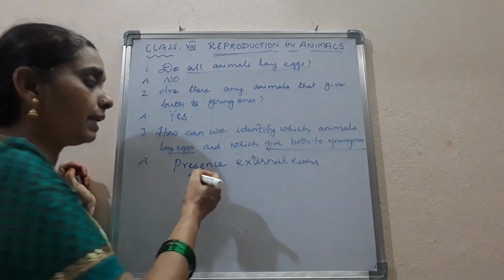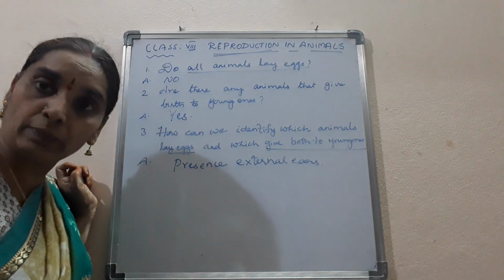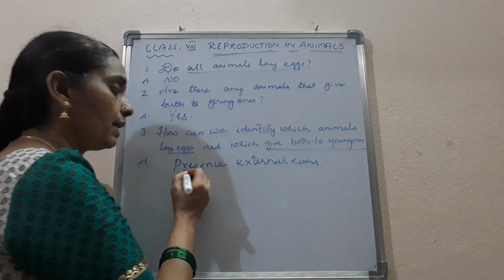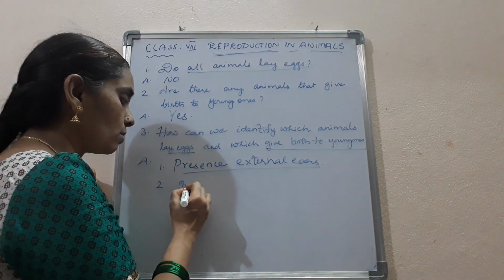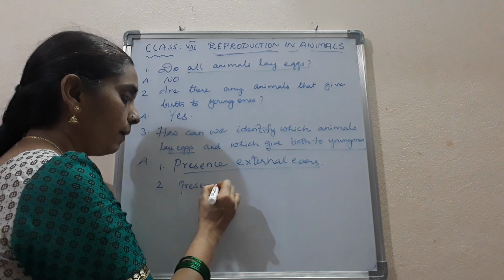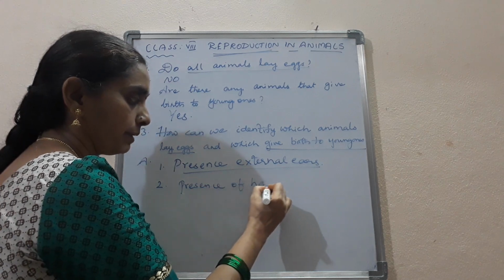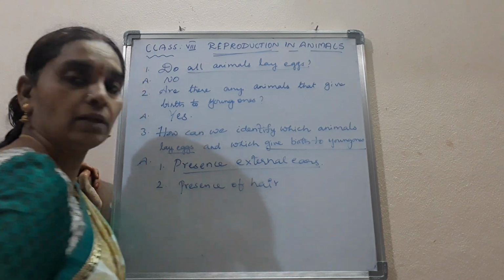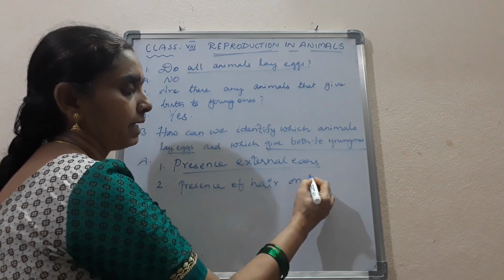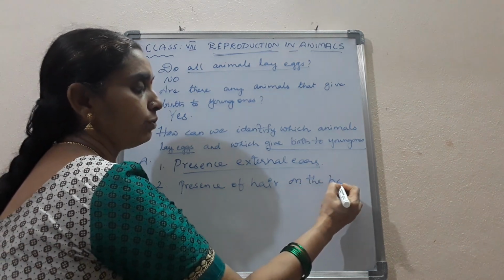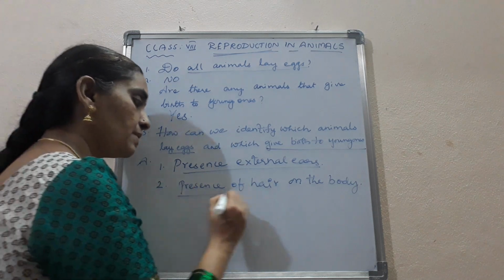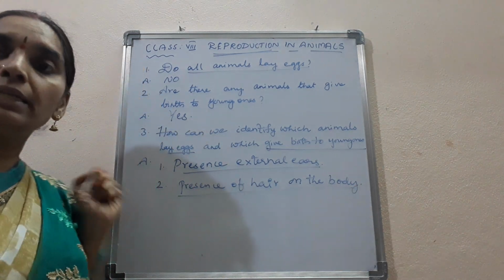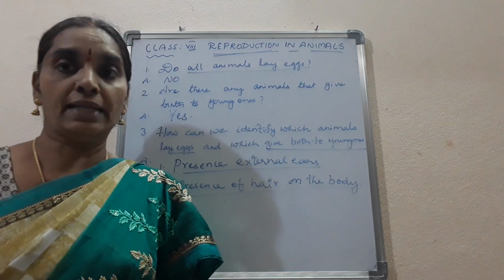They all contain the external ears, including the human beings, isn't it? They contain the external ears and also presence of hair on the body. Hair, body hair. Is it clear? From this observation, we can say that they give birth to young ones directly.